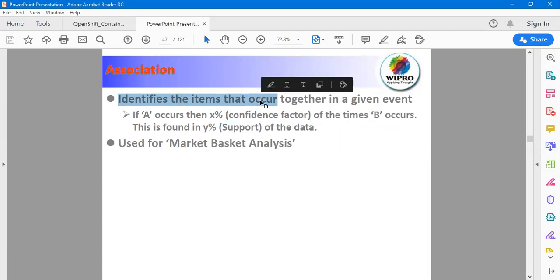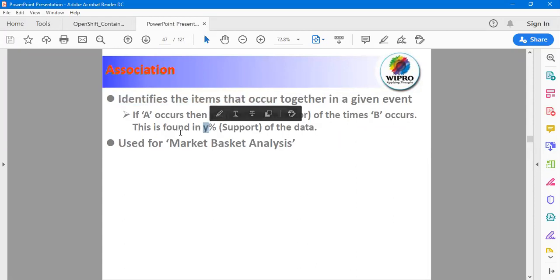It will be very, very useful for the shopkeeper to identify his repository or grocery items list. If A occurs, then with X% confidence factor B occurs, and this B occurring is found in Y% of the data. So this Y% becomes the support.